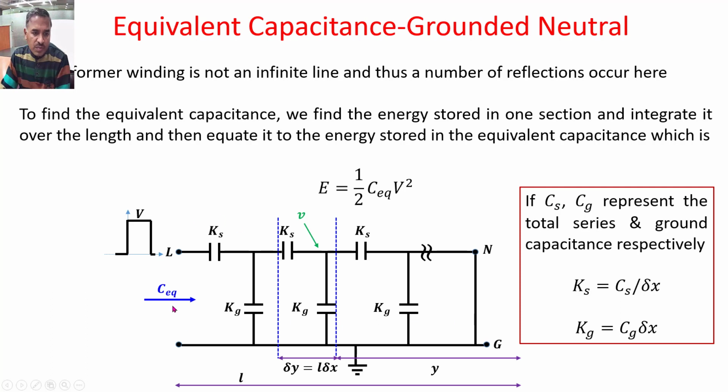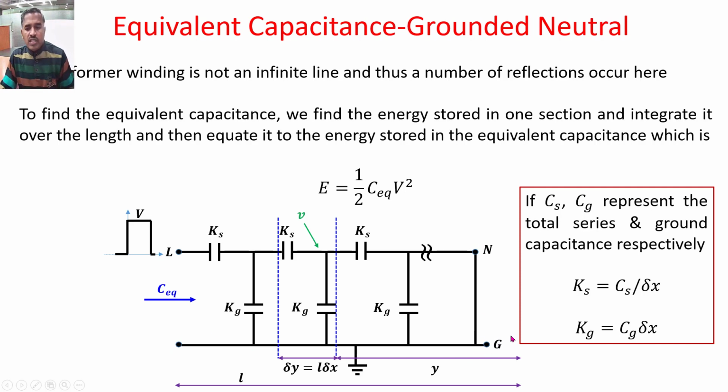Then this is per section. Ks and Kg: Ks can be expressed as Cs by delta x and Kg as Cg into delta x. What is x actually? x equal to 0 is at the G or N position, and x equal to 1 is this portion.